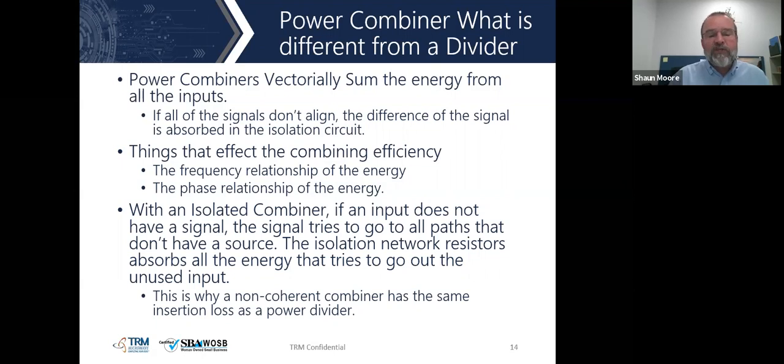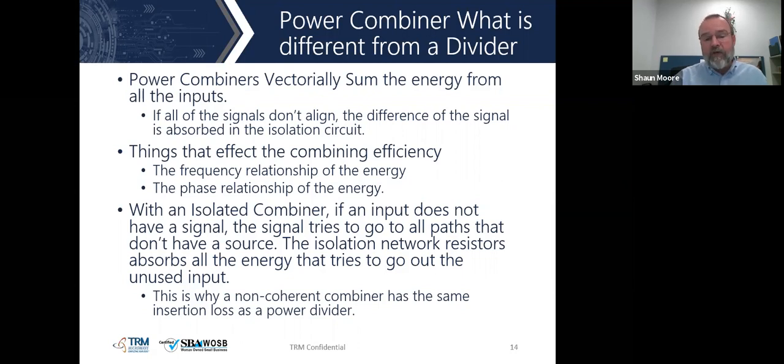The isolation in the combiner is, really what happens there is all that excess energy that doesn't combine vectorially needs to go somewhere, and that goes into the isolation network of the power combiner. And really, this is most typically into the isolation resistors of the power combiner.